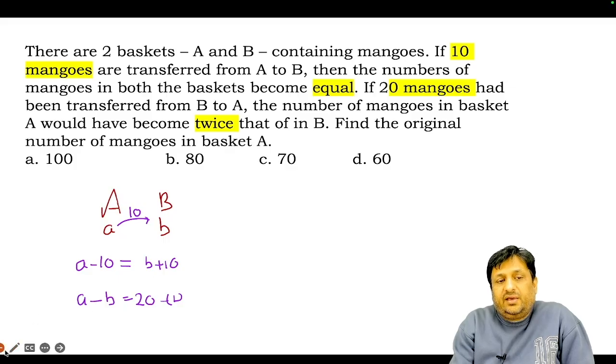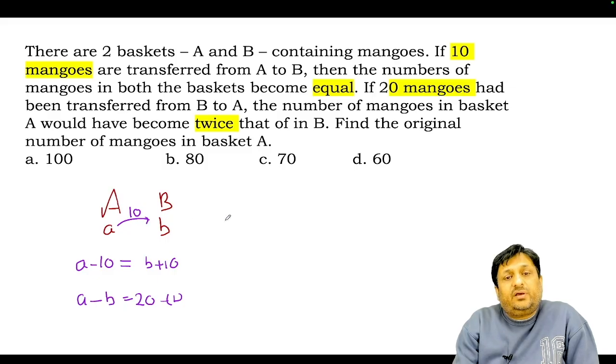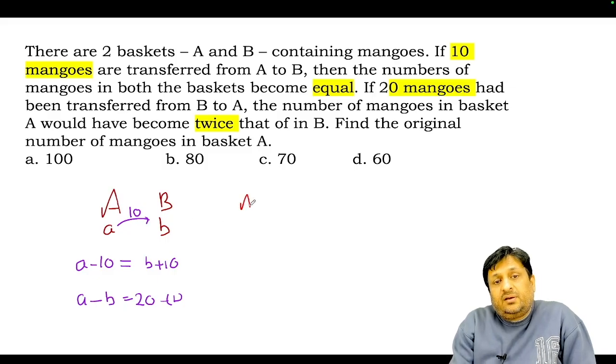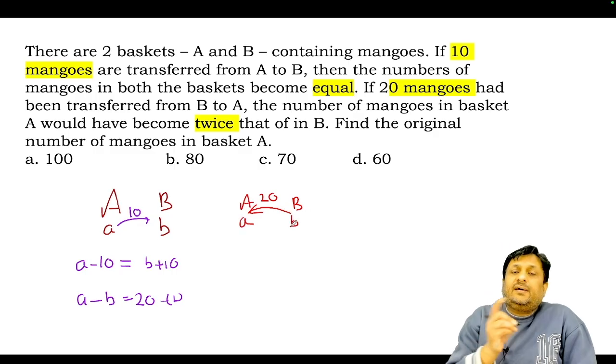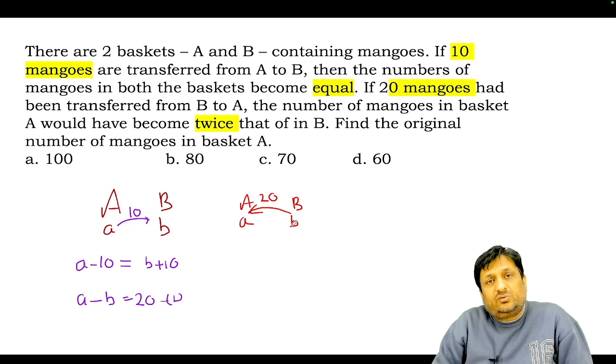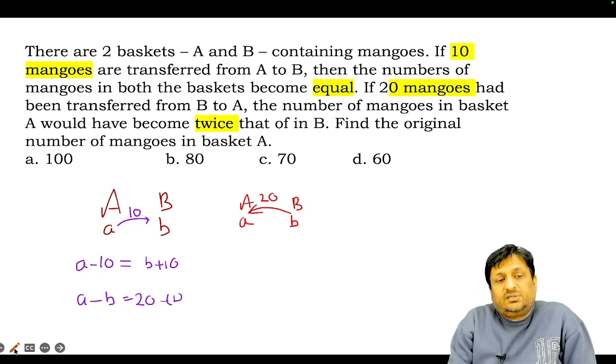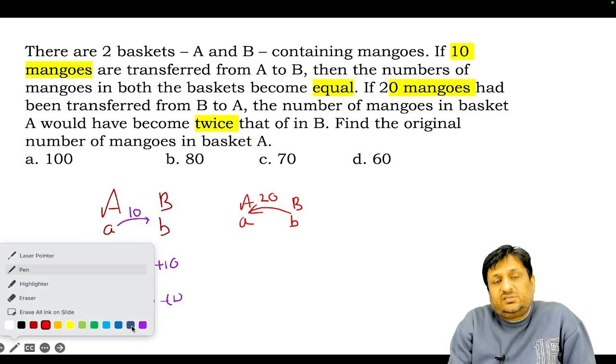The question is saying, if instead of transferring 10 mangoes from basket A to basket B, you had transferred 20 mangoes from B to A, so I will reconsider the initial equation only, because the question is comparing the new condition with the initial condition.